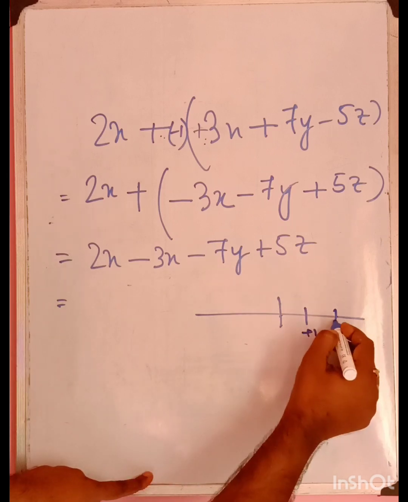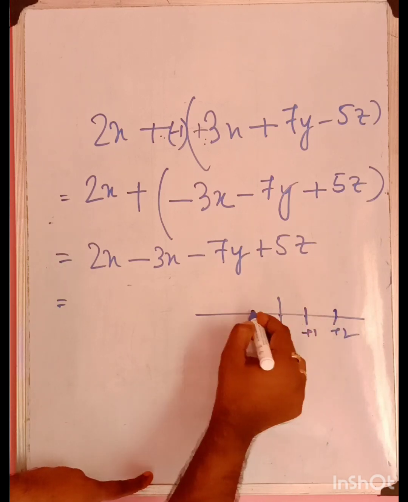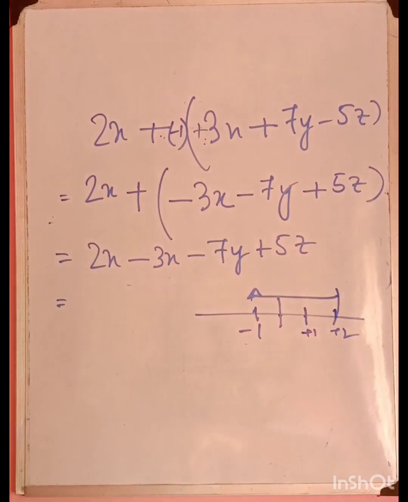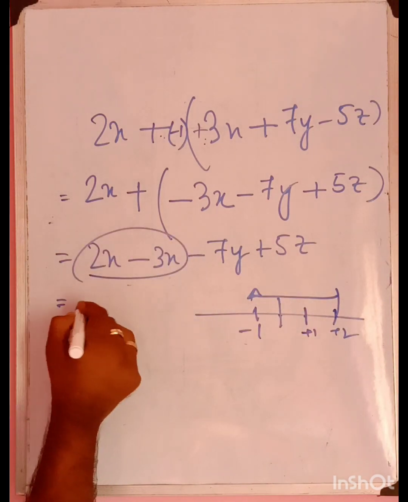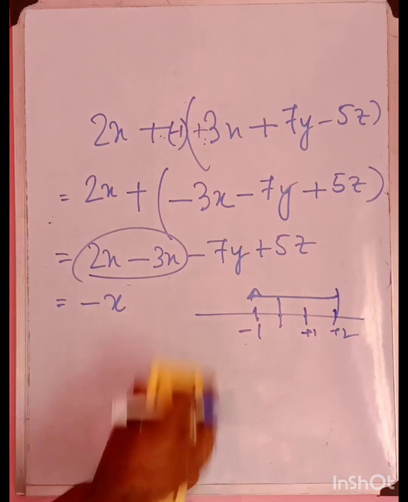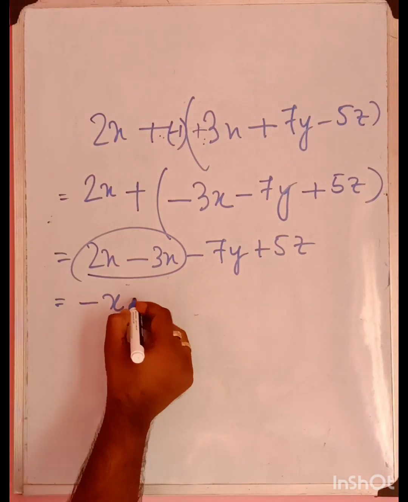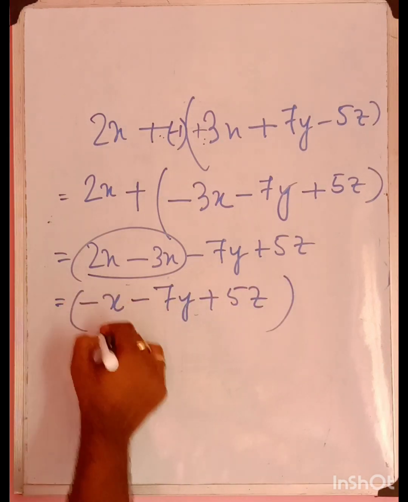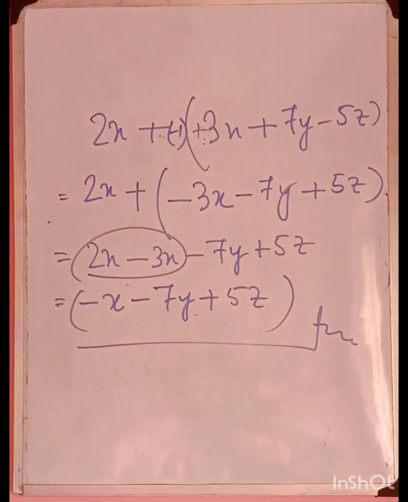Coming back. 1, 2, 3. It reaches minus 1. So it becomes minus x. Clear? And the rest is unchanged. Minus 7y plus 5z. This is your answer.